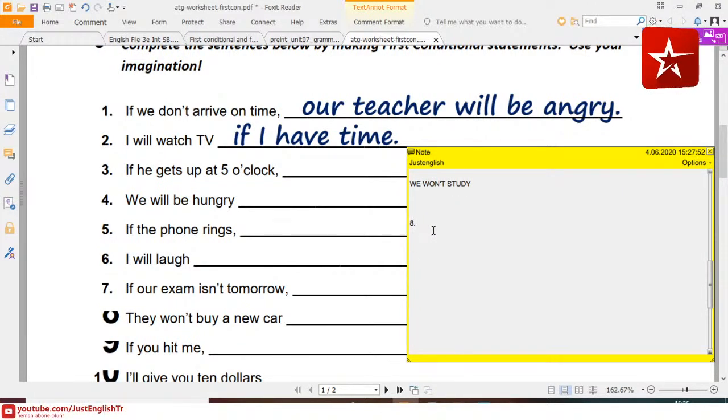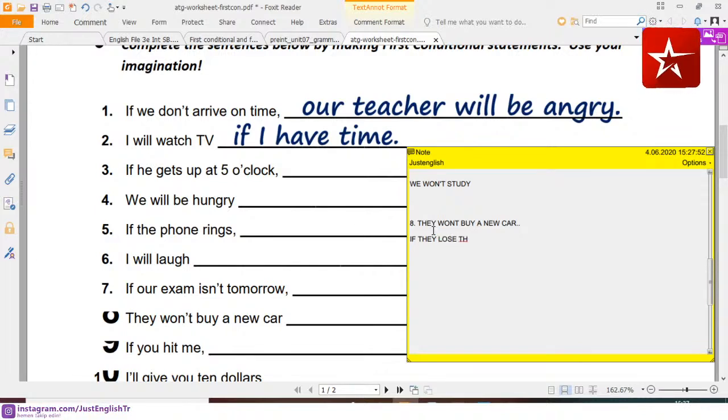Number 8. They won't buy a new car if what? They will study some more lessons if they lose their money.